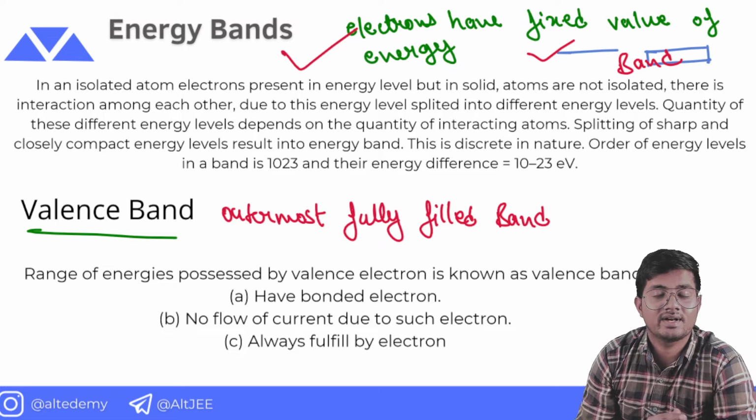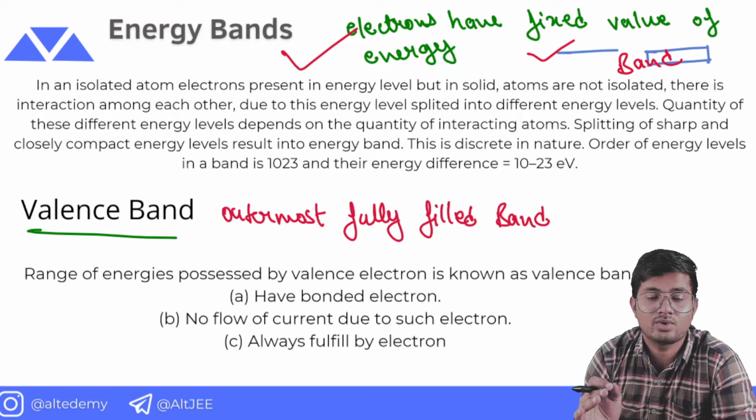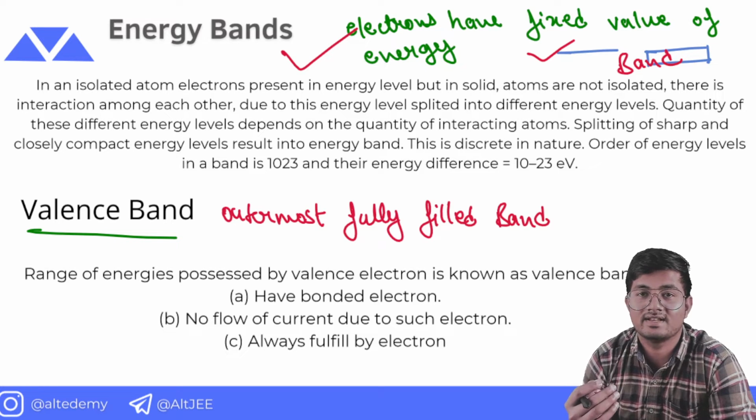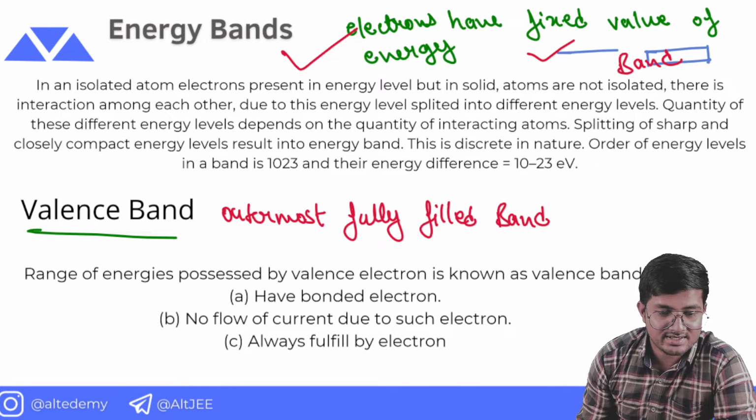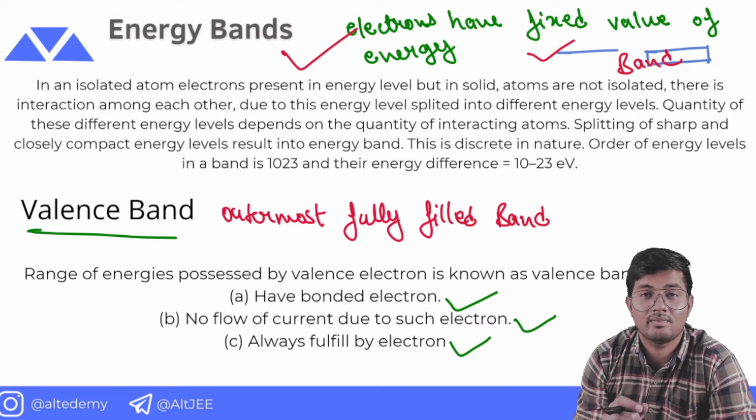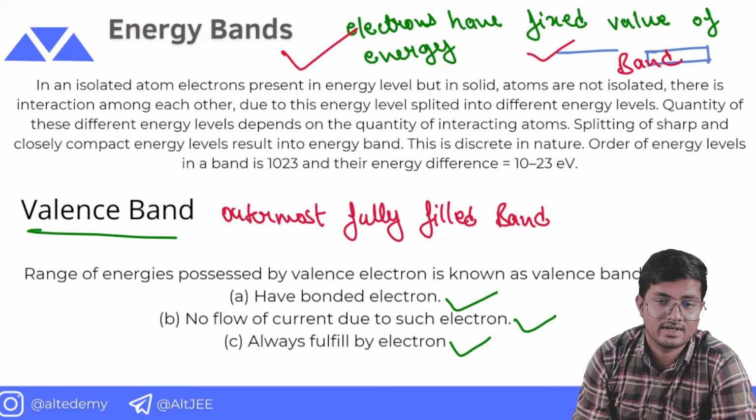What is the valence band? The valence band is the outermost fully filled band. These are its properties: it has bonded electrons, and there is no flow of current due to such electrons, because this particular band is always fully filled.